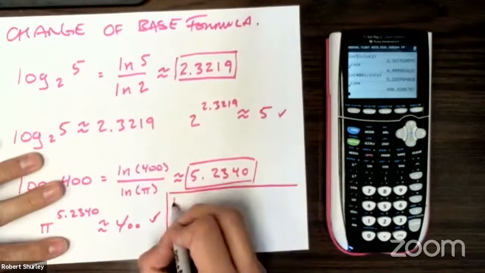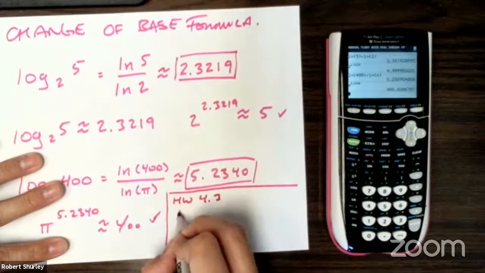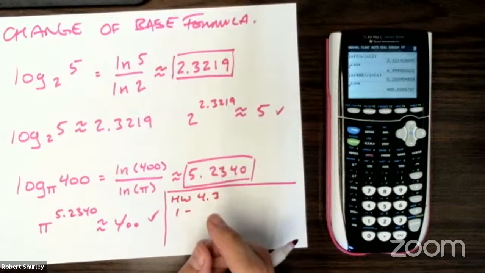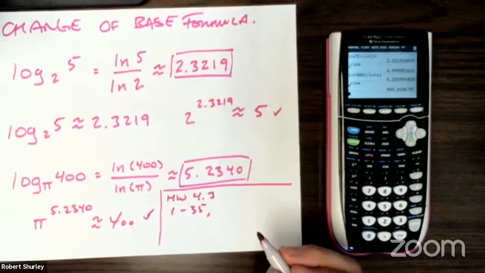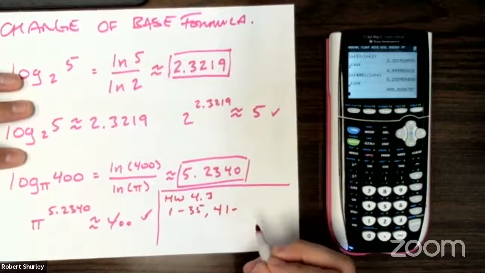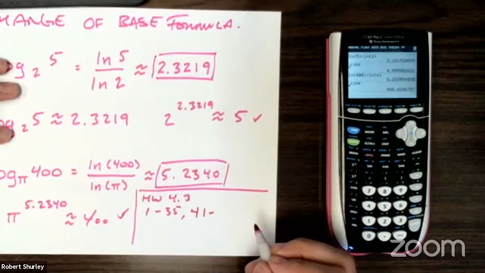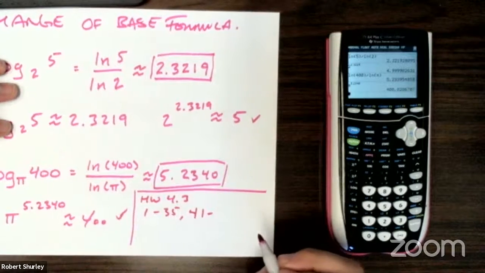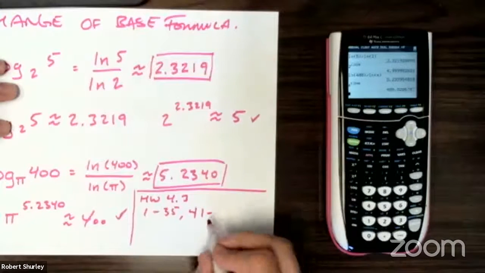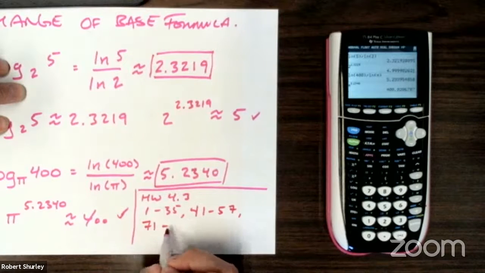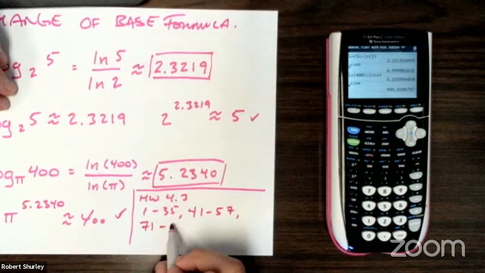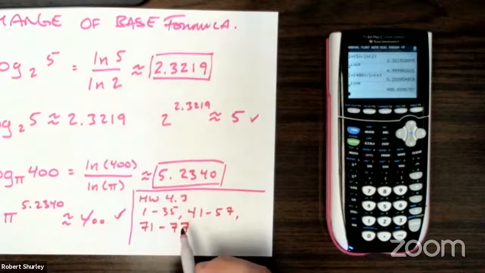Okay, so for homework, 1 through 35, these are all going to be odd. 41 through 57, and then 71 through 77.